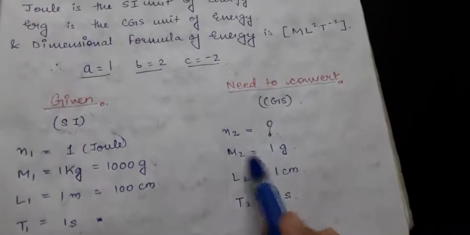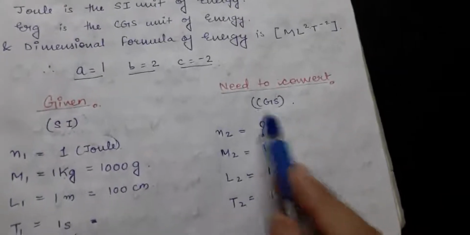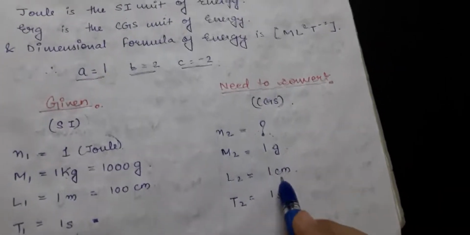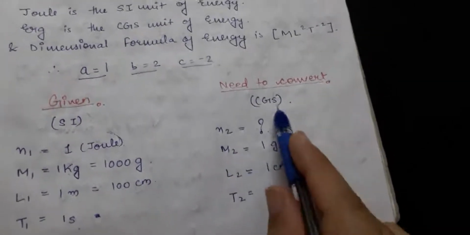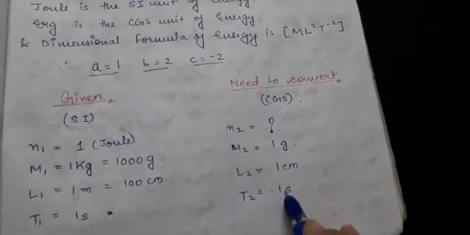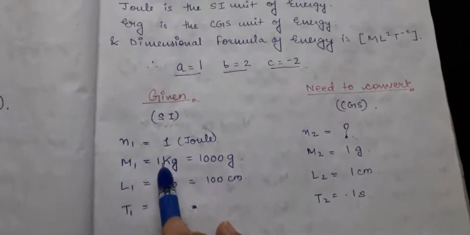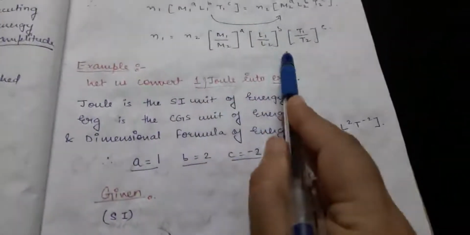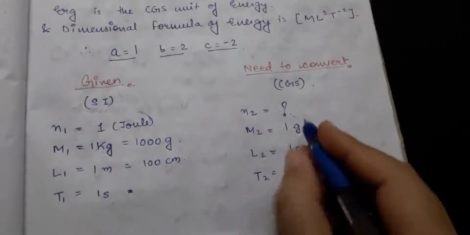What is the value of m2? Always remember, in CGS, C stands for centimeter, so 1 centimeter. G stands for gram, so 1 gram. S stands for second, so 1 second. In the same way, in SI the mass is 1 kg. But whenever you use this formula, the units on both sides should be equal.